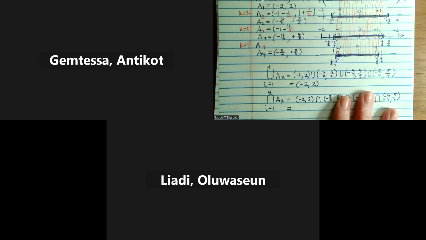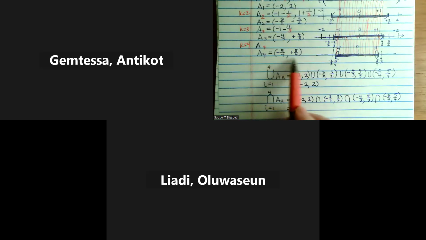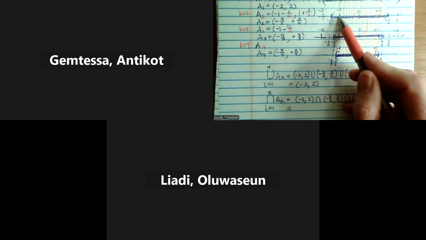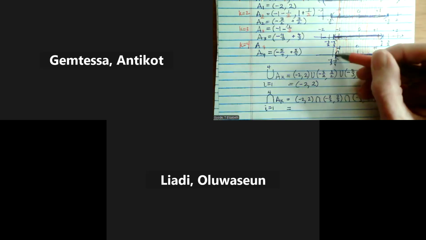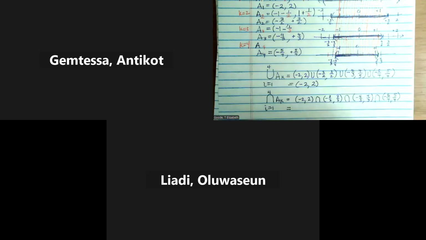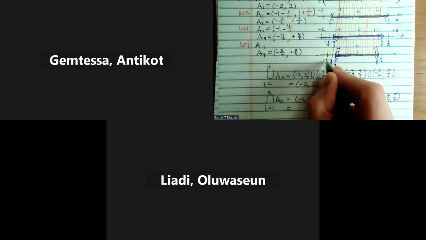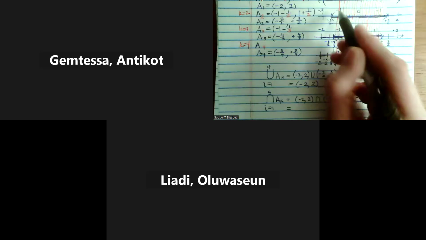No. -3/2 is not in A4 because -3/2 is over here, but -5/4 is closer to -1. See how it gets smaller and smaller? -3/2 is out here. These sets get progressively smaller and smaller and smaller.